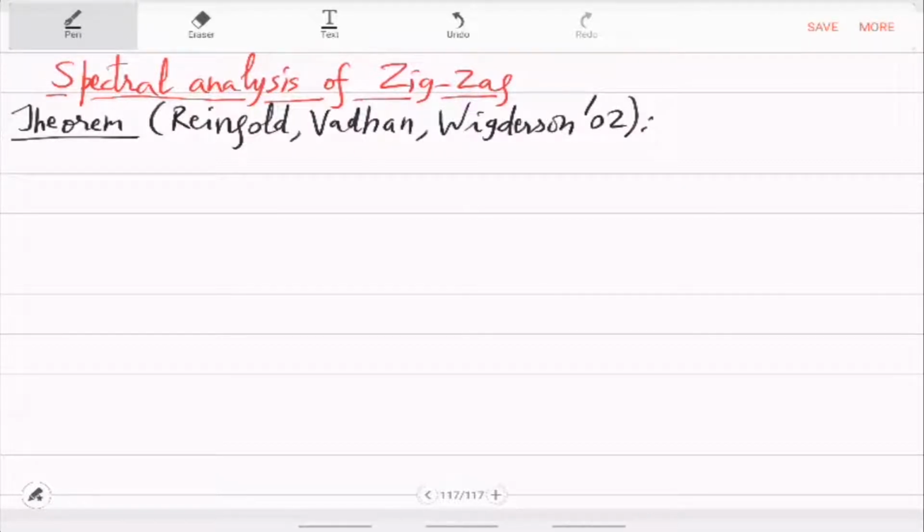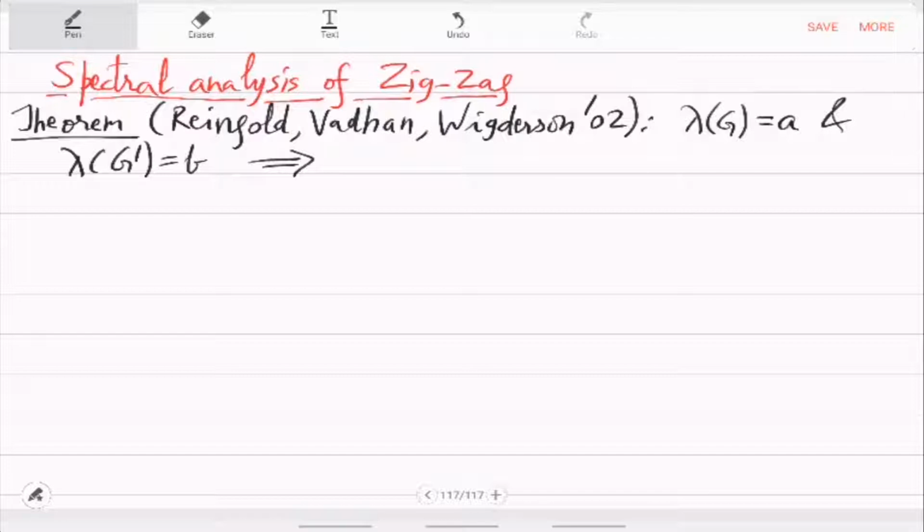This theorem says that if the second largest eigenvalue of G is at most, or let us say equal to, A, and that of G prime is B, then the lambda of the zigzag product is at most A plus 2B plus B square.